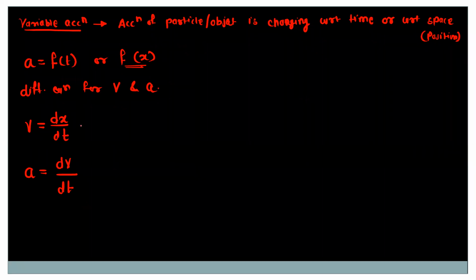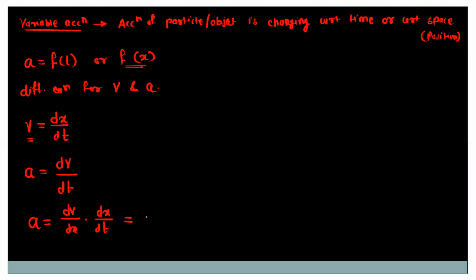Okay. So from these two equations, we can write another equation for acceleration. A is equal to dv by dx into dx by dt. So by this chain rule, we can write acceleration. So what is dx by dt? So dx by dt is nothing but the velocity.